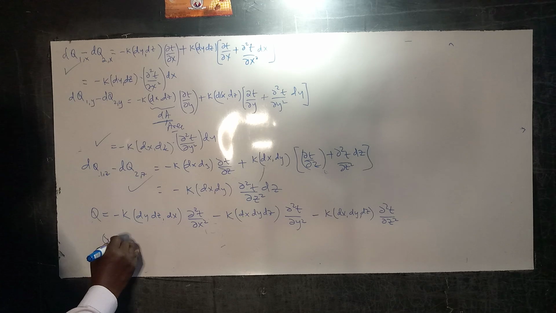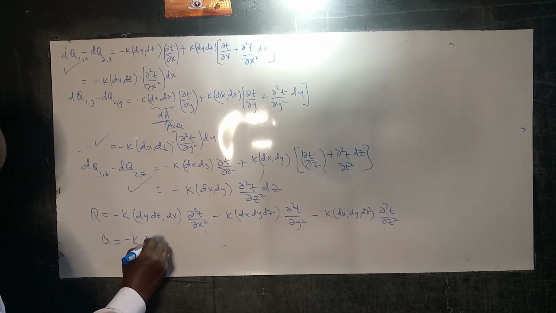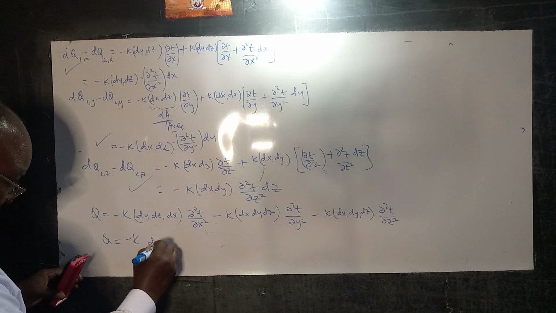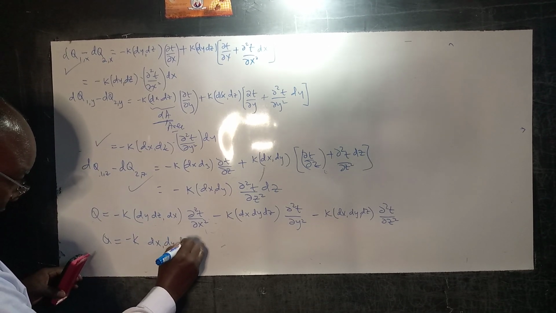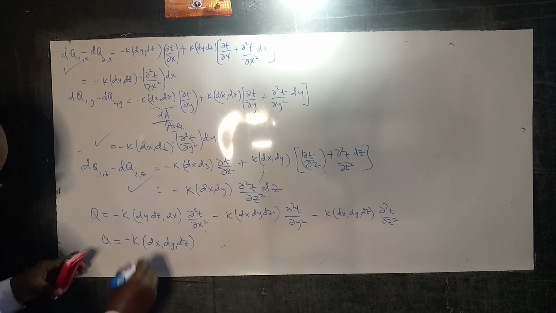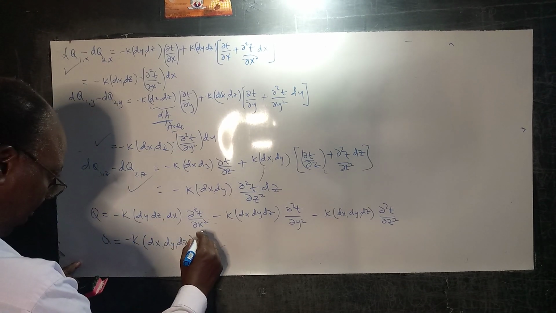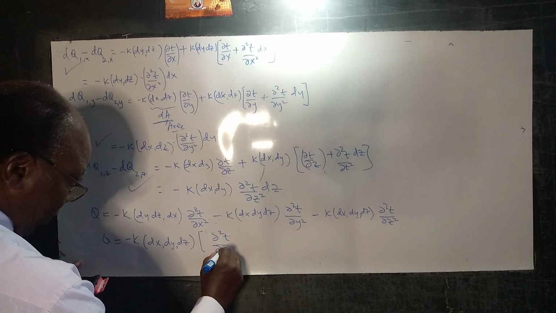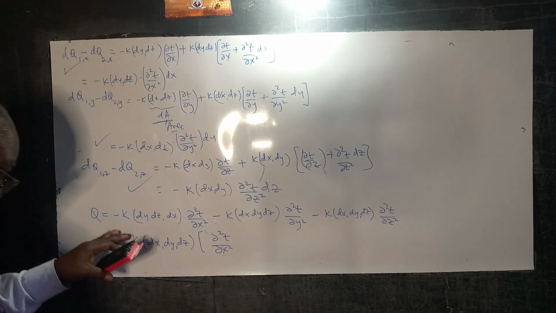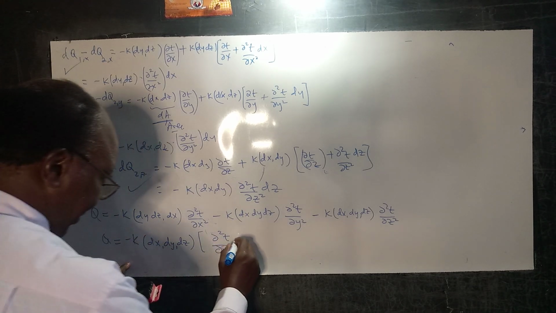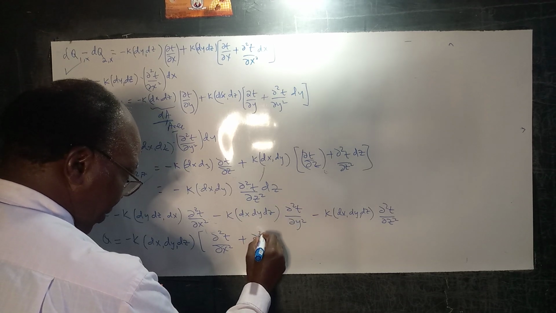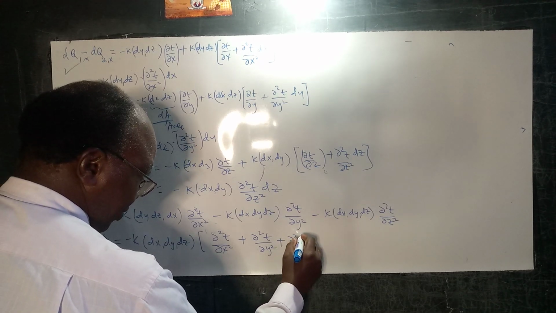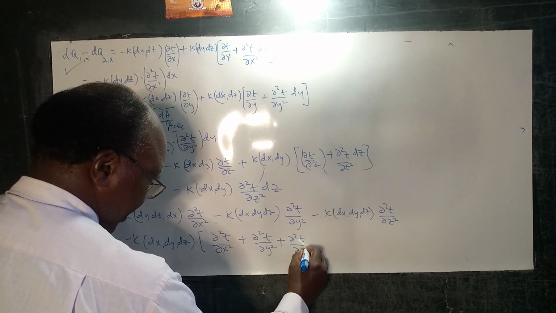So q therefore is equal to minus k dx dy dz into del squared t, del x squared, plus del squared t, del y squared, plus del squared t, del z squared.